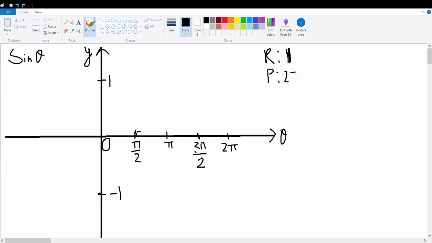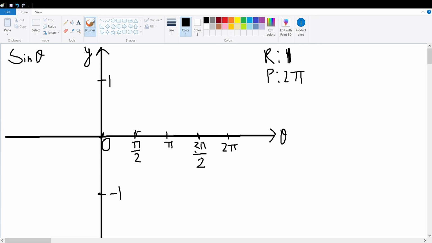And what does this mean? It means that the sine function will repeat its graph for every 2 pi rotation, which in a unit circle is every revolution. So with that out of the way, we can start plotting the sine function with this background in mind. Sine of 0 is just 0, which is the origin right here.